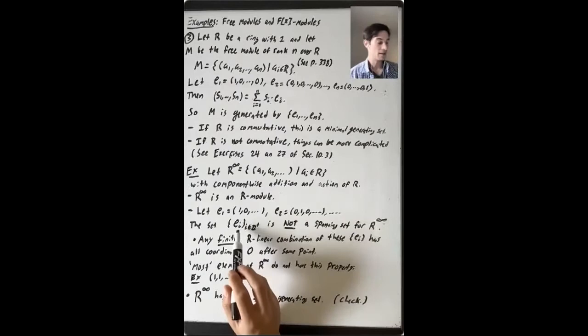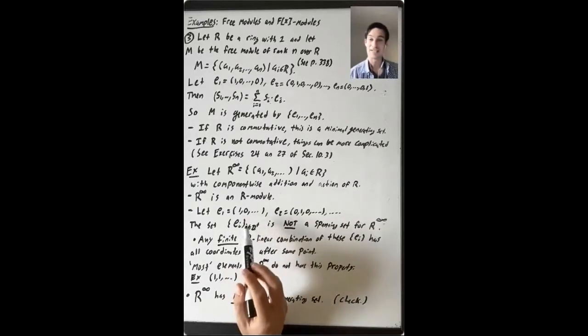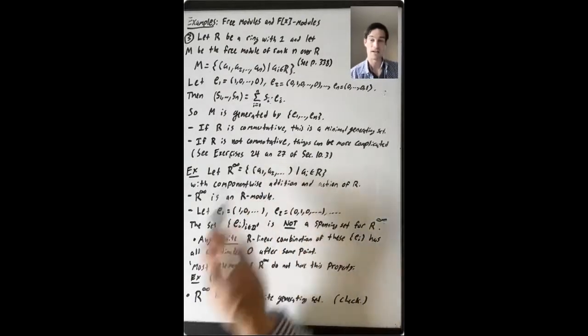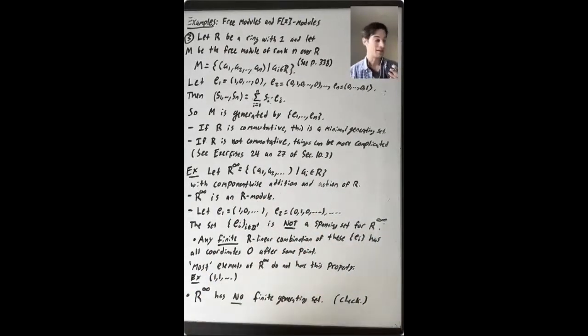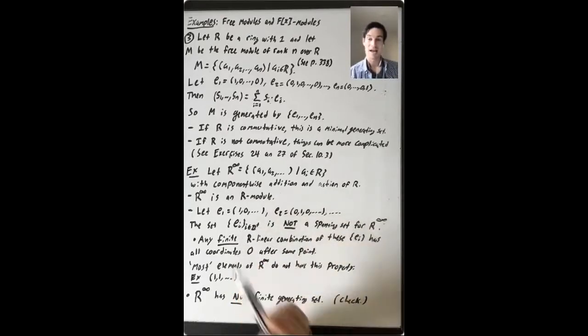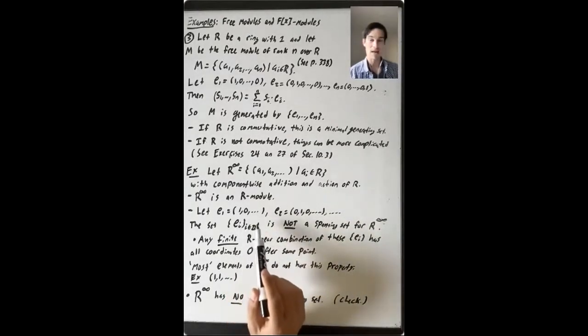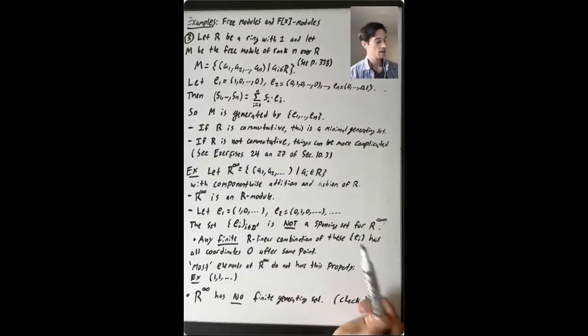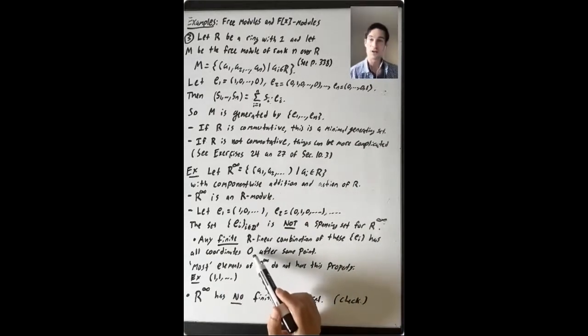Infinitely many of these things that have a 1 in exactly one position and 0 everywhere else. Now, let's note that this infinite set of these ei is not a spanning set for this R^infinity. Why not? Because to be a spanning set, we're taking finite R-linear combinations of these elements. And if you just take finitely many of these ei and act by elements of the ring, then any finite R-linear combination of them is going to have all of the coordinates being 0 after some point.